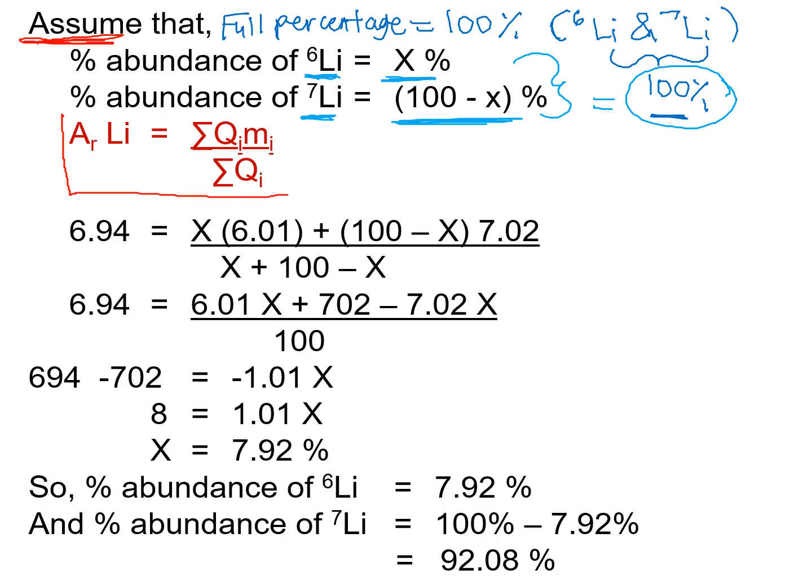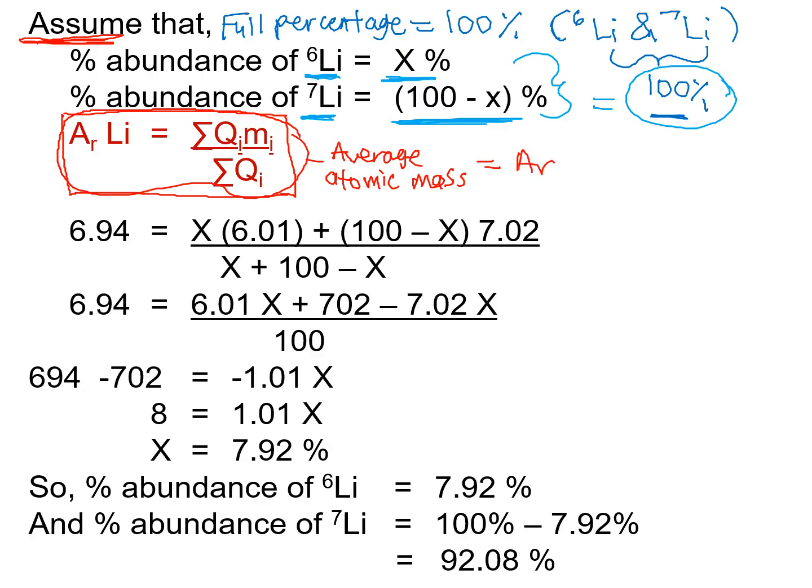Next, you tahu the relative atomic mass for Li ialah 6.94. Tadi kan kita dah buat substitution. Kalau let's say you nak cari satu-satu pun boleh tadi. Macam mana you dapat this equation? You dapat this equation because you have merged the equation of the average atomic mass dengan relative atomic mass.